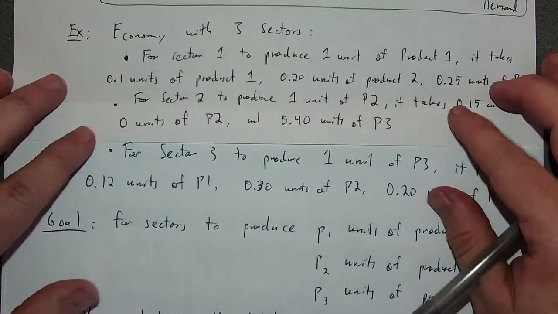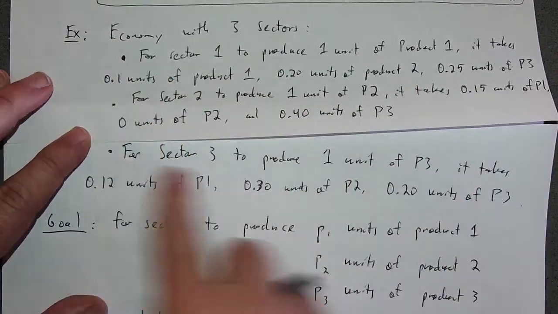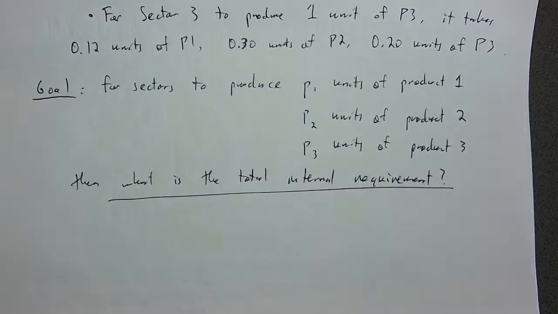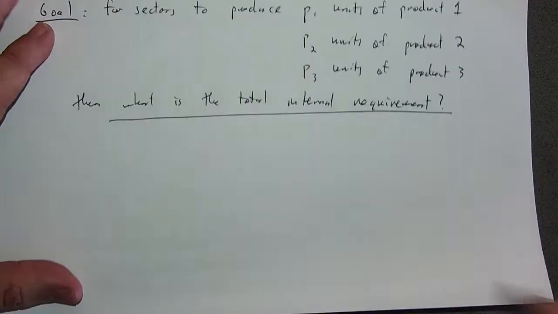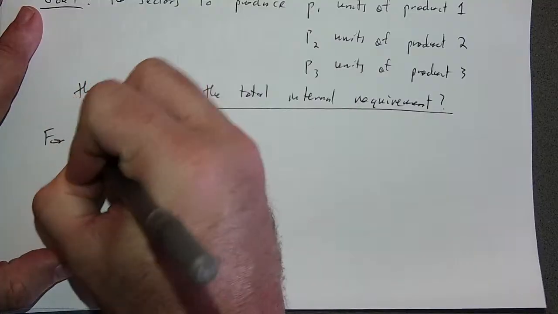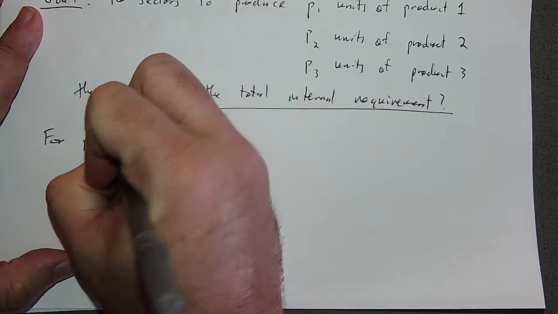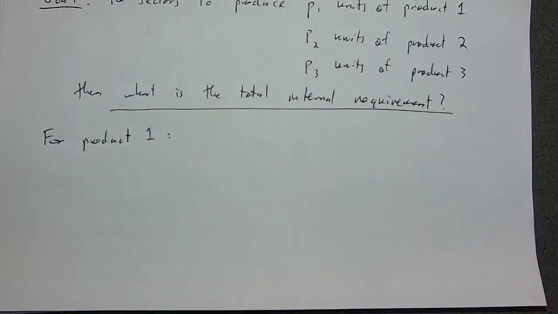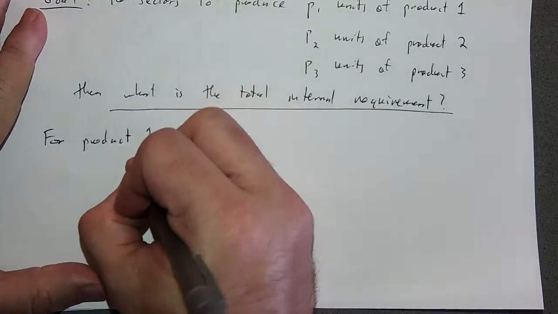So I'm going to translate these things that I've written here into what this would mean for internal requirements. So for instance, consider product 1. What is required? Let's just track this.